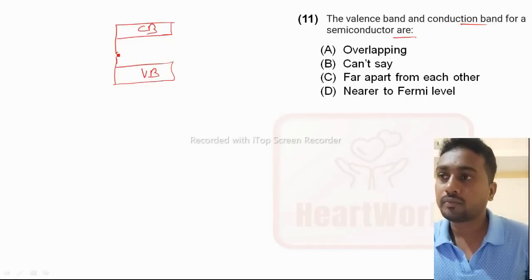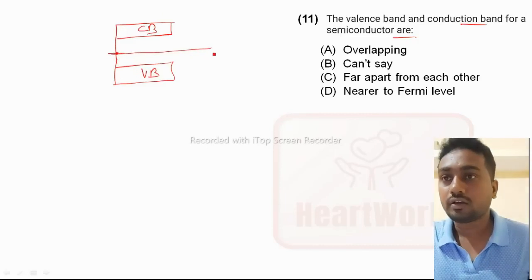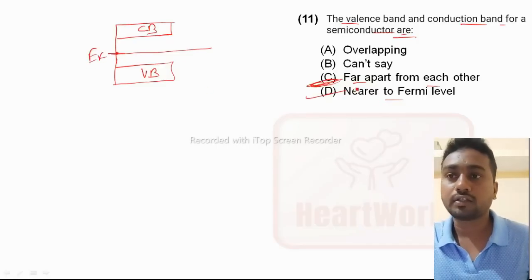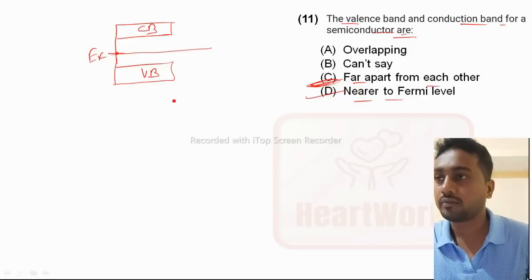The center part between the conduction band and valence band is called the Fermi level, EF. So the answer is that the Fermi level is nearer to both bands.